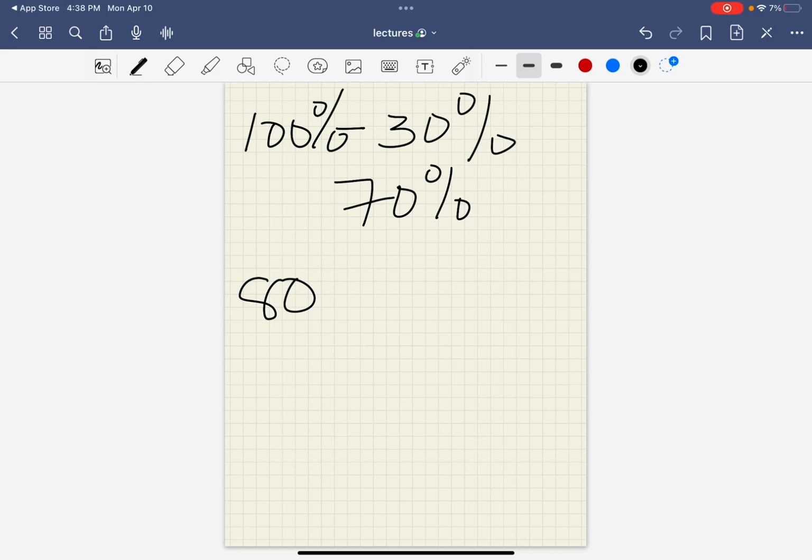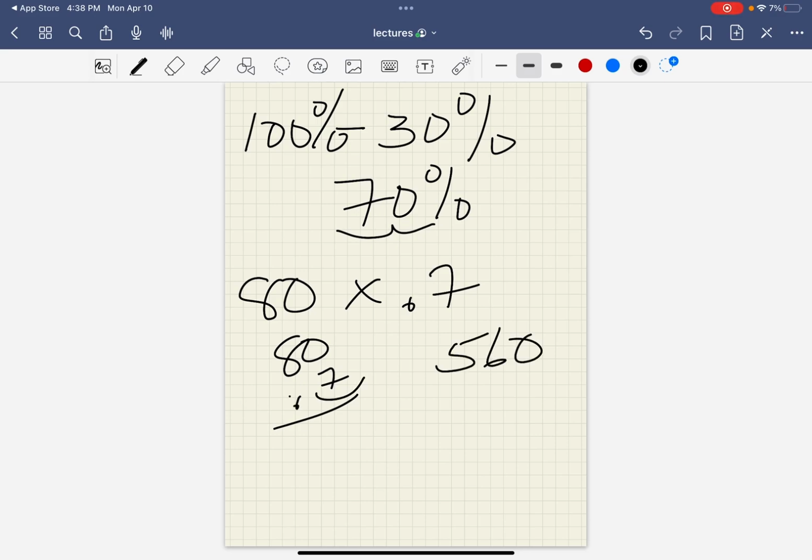And this time multiply it times 0.7, and that should give us the sale price. So 80 times 0.7 is, move the decimal over one place. There it is, $56. So again, it doesn't matter which way you do it. If you want to find out how much it's discounted and then subtract that, that's fine. If you want to recognize that if it's on sale for 30% off, then that leaves you with 70%, you can multiply once and have it done that way. It does not matter which way you do it.